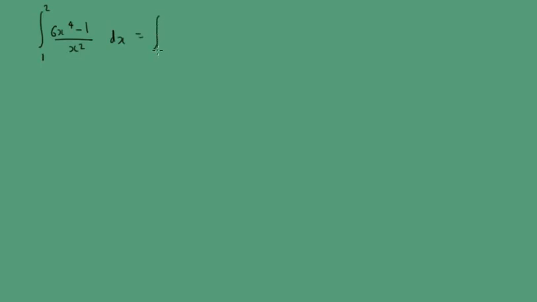So now we need to rewrite this, and that'll be x to the minus 2 dx, so we've got 6x squared minus x to the minus 2 dx.